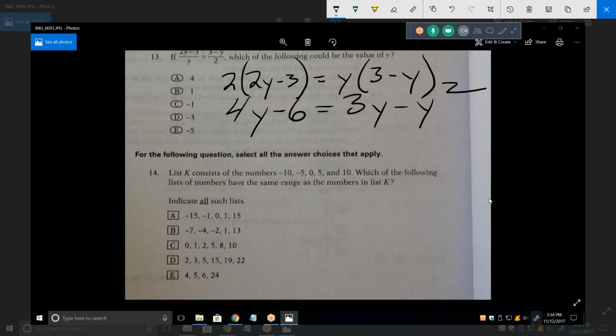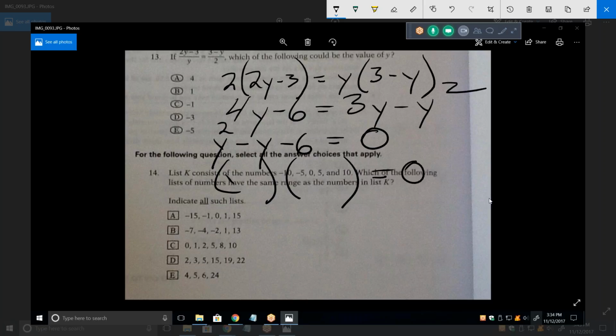In a quadratic, I want everything on one side, and I want the coefficient of the y squared term to be positive, so I'm going to move everything that's on the right to the left. Okay. And there's our quadratic.